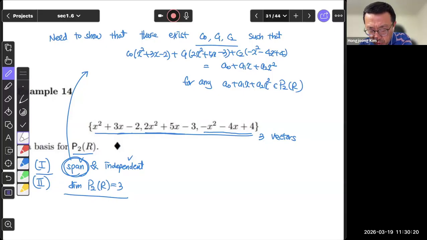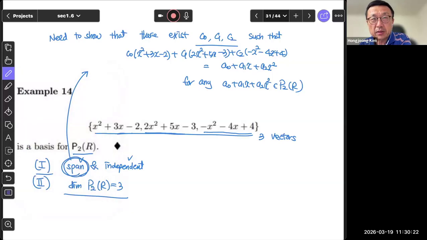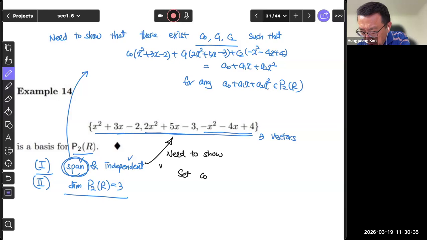If you want to show that this set is linearly independent, you need to show the following. You first set some linear combination of x squared plus 3x minus 2 plus c1 times 2x squared plus 5x minus 3 plus c2 times negative x squared negative 4x plus 4.